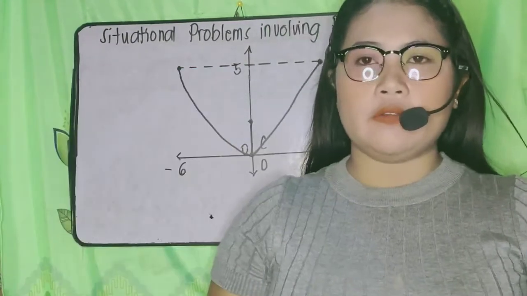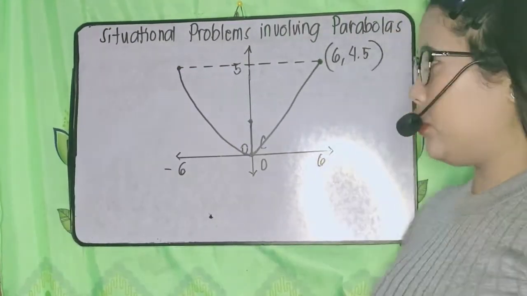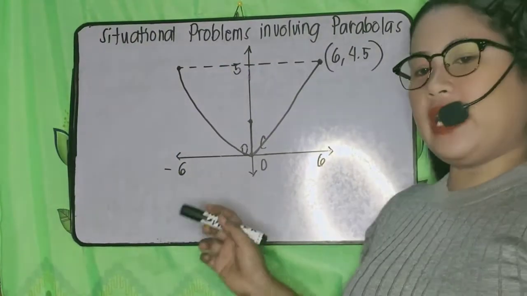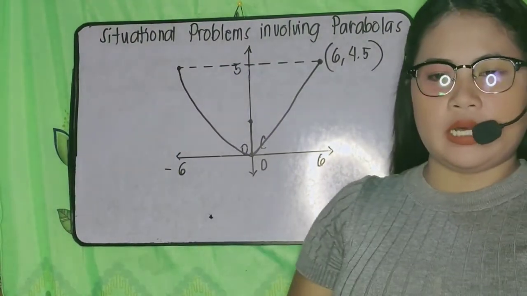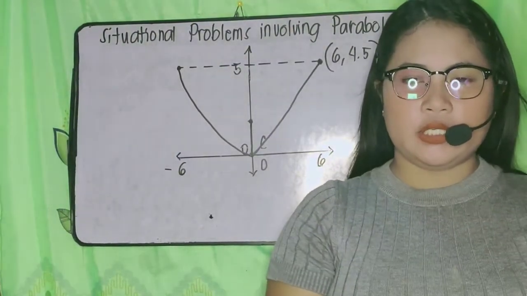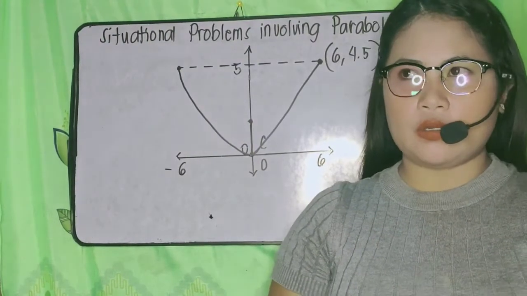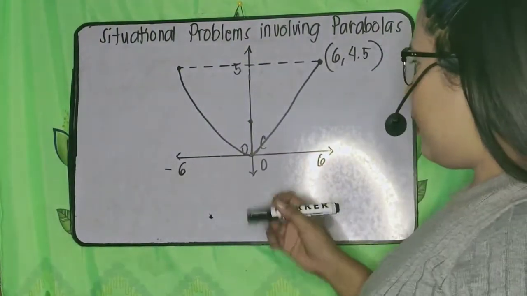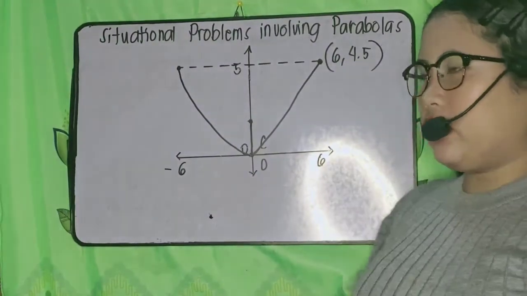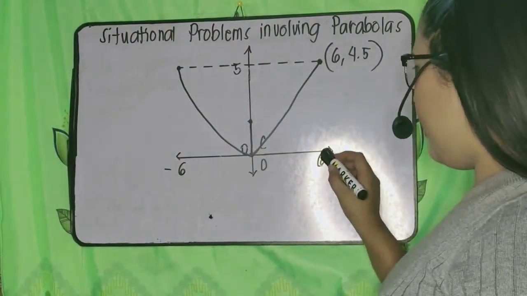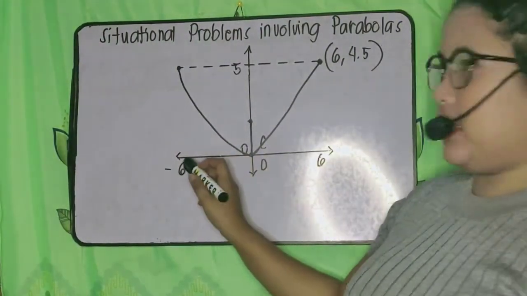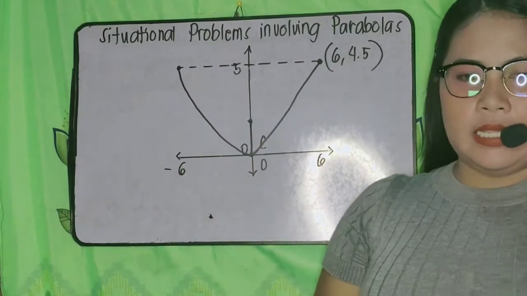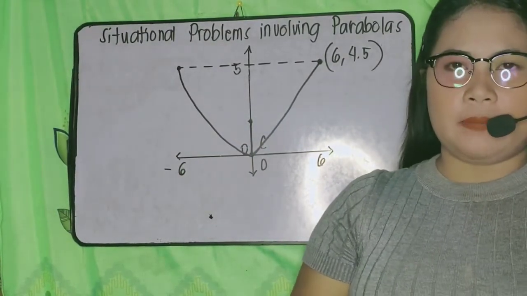So, from the given problem, ito yung graph natin. Di ba yung given problem is the dish is 12 feet across. So, from 12, hatiin natin yung 12, so we're going to have 6. So, we have positive 6 and then negative 6. Okay? So, then 4.5 feet deep at the vertex.